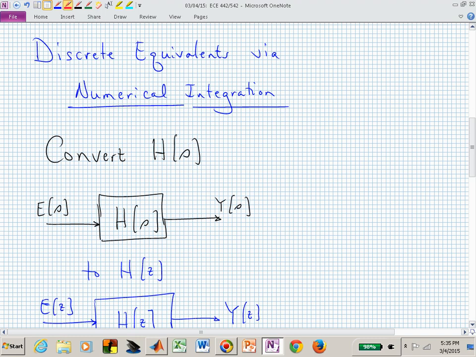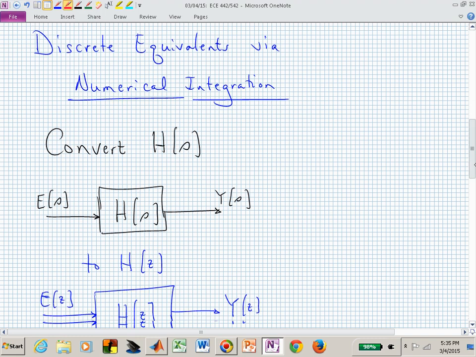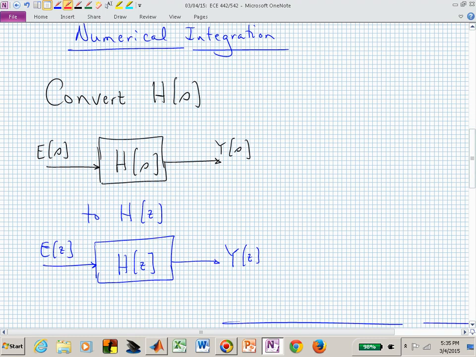Now we are concerned with scenario number 1, which is where we do not have a zero-order hold or any kind of hold device preceding our system, let's say capital H of S, before we want to then repackage it in a discrete time version where we are trying to convert an analog transfer function, C of S, H of S, into a discrete time transfer function, C of Z, H of Z.